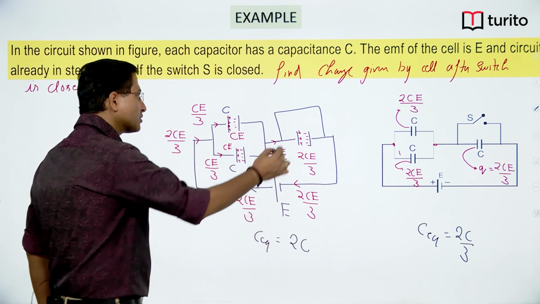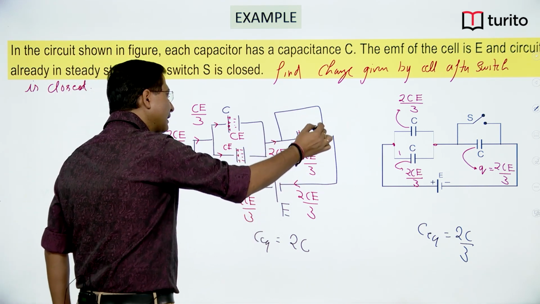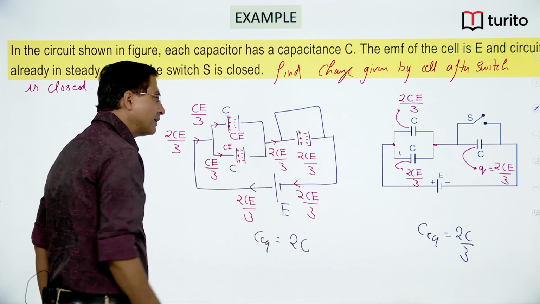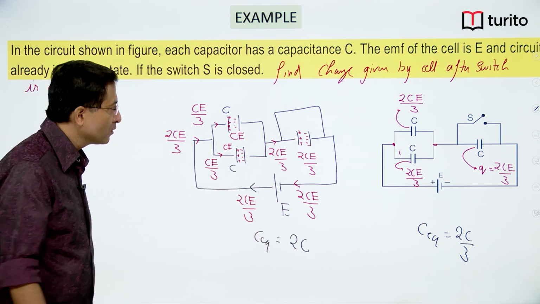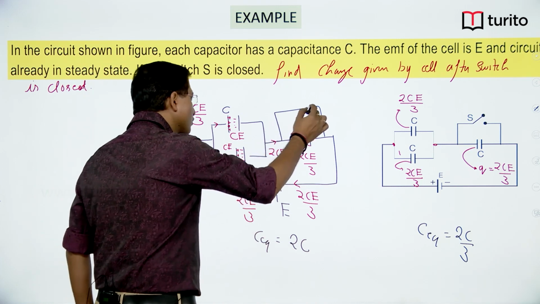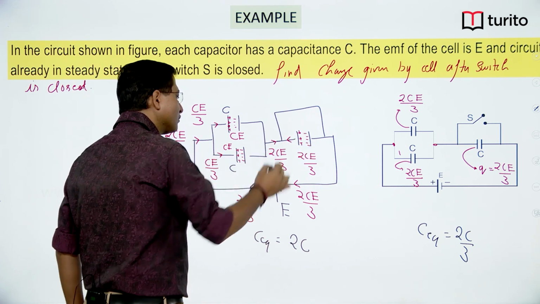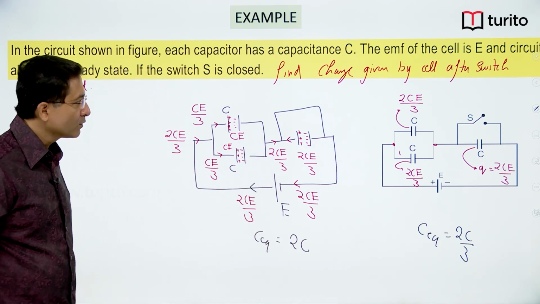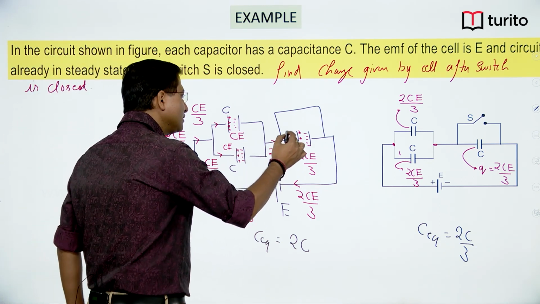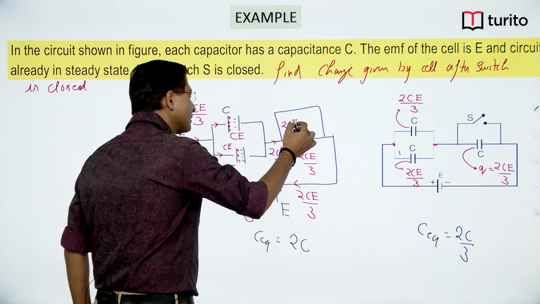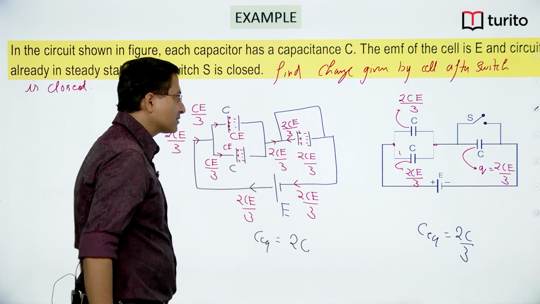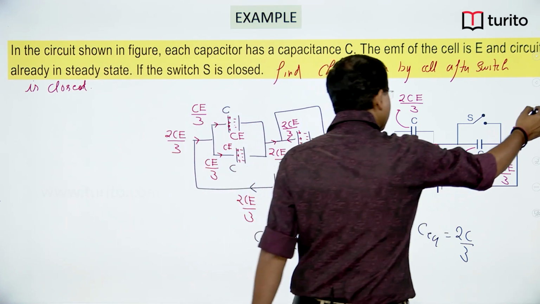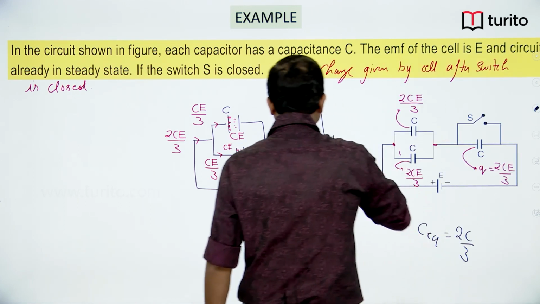So charge from the positive plate will go like this and neutralize the charge on the negative plate and the final charge will become 0. So as soon as you close the switch, this charge also immediately rushes into the negative plate. So charge coming from this side is 2CE by 3 because this must get discharged. As this becomes discharged, I will remove the charges appearing over the capacitor.